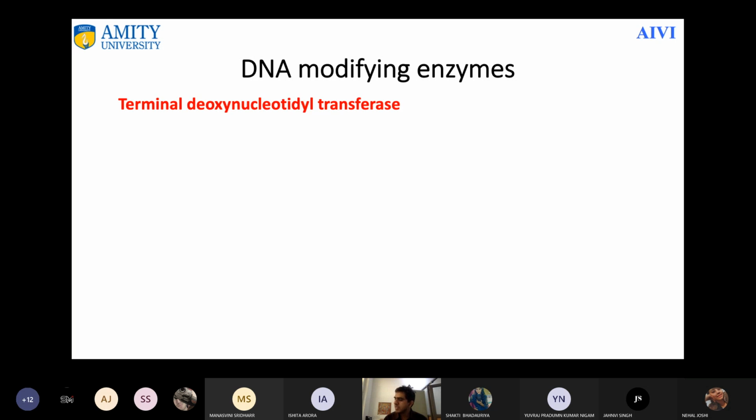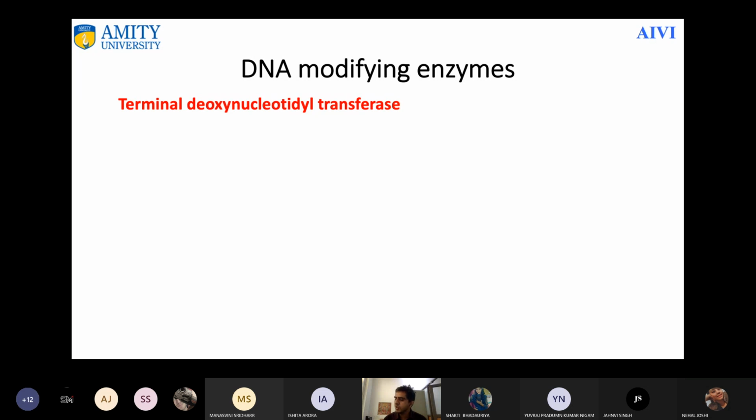You may ask, sir, adding a nucleotide at the end of DNA is the job of DNA polymerases, so how is this different from DNA polymerase? DNA polymerases are polymerizing, adding nucleotides, and these enzymes are also adding a nucleotide.